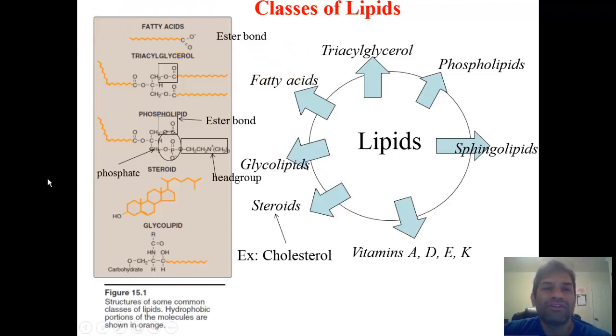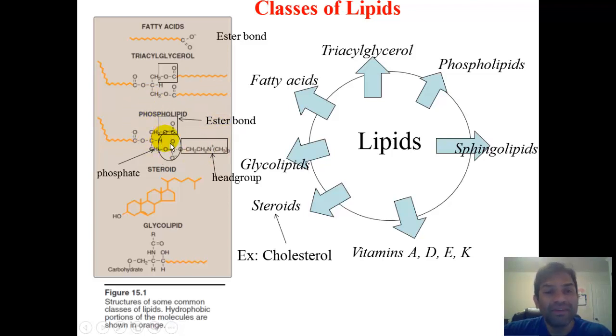Now, another thing I want you to realize about lipids, besides the fact that they are soluble in organic solvents, is that they take a wide array of different structures. A steroid, which in and of itself is an umbrella category, looks very different than a fatty acid, which looks very different than a triacylglycerol, which is a fat.